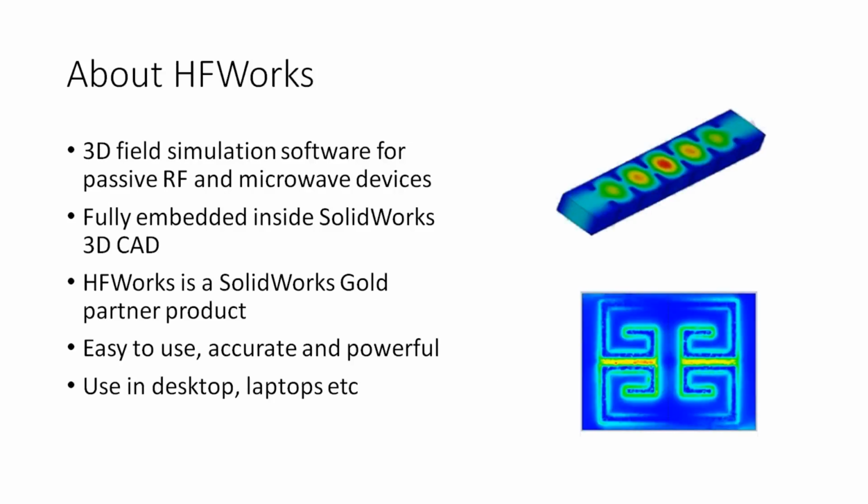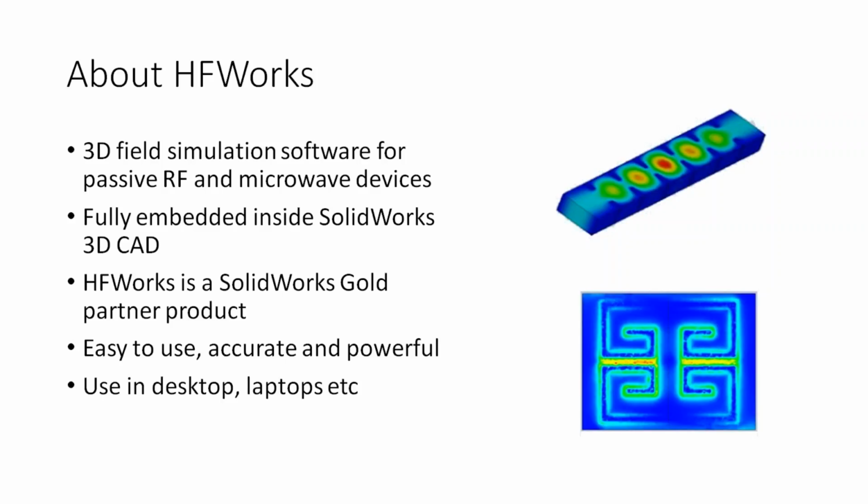HFWorks is a gold certified product of SolidWorks. It is a 3D field simulation software that helps you simulate your RF and microwave devices. When I say RF and microwave devices, I'm actually talking about passive devices. HFWorks is fully integrated inside SolidWorks CAD, so that allows users to quickly create their CAD geometry of their passive RF and microwave components and simulate them simultaneously inside their CAD using HFWorks.